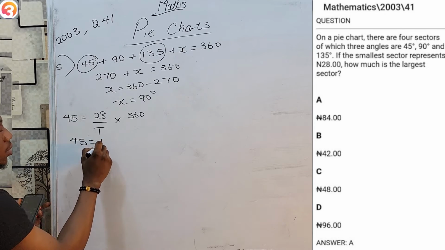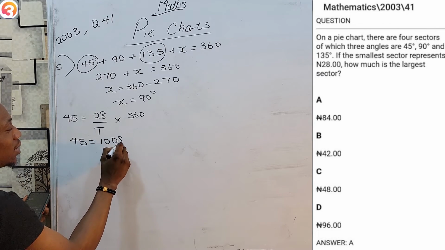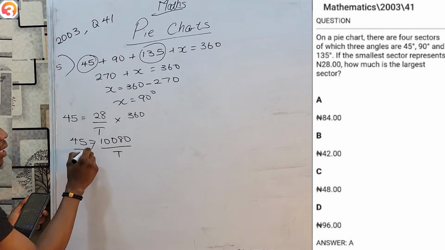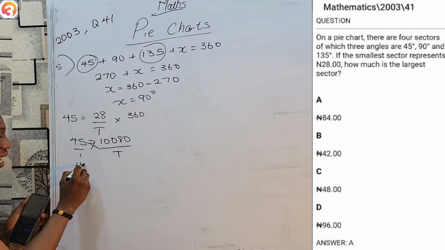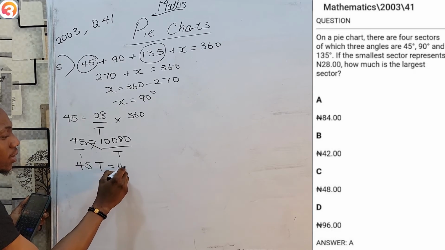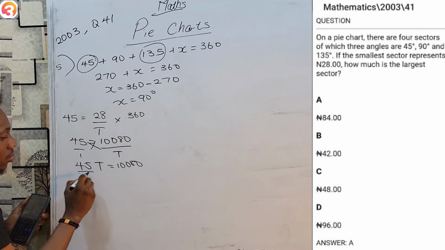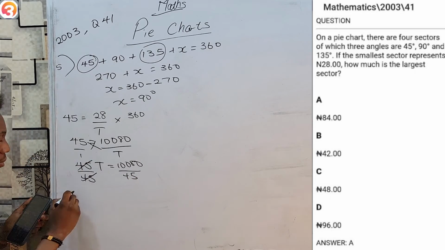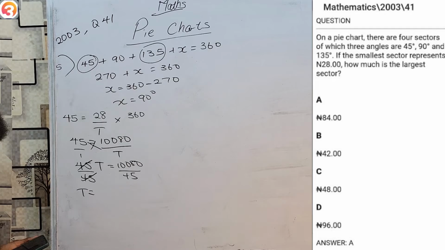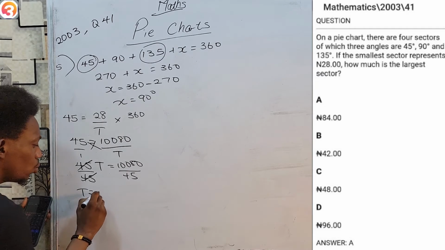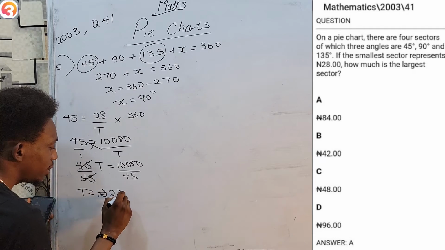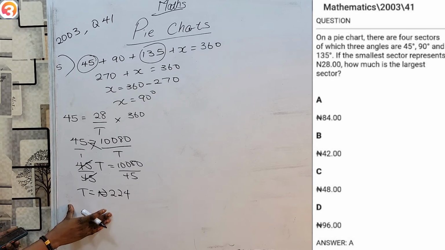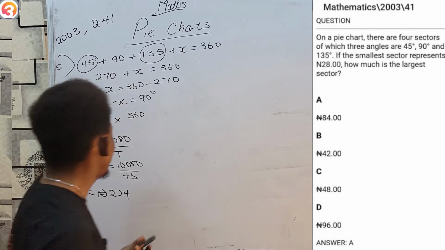That is 10,080 over T. Cross multiply. This will be 45T equals 10,080. Over 45, over 45, indicating that T must be 224 naira.